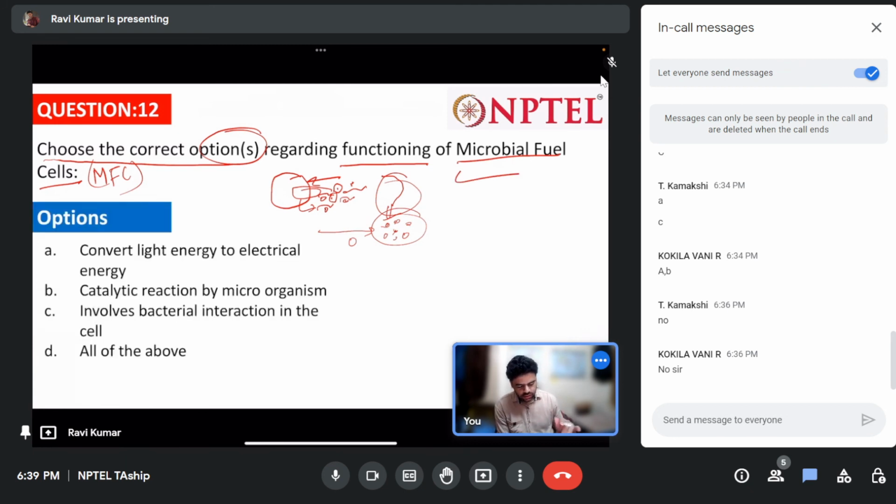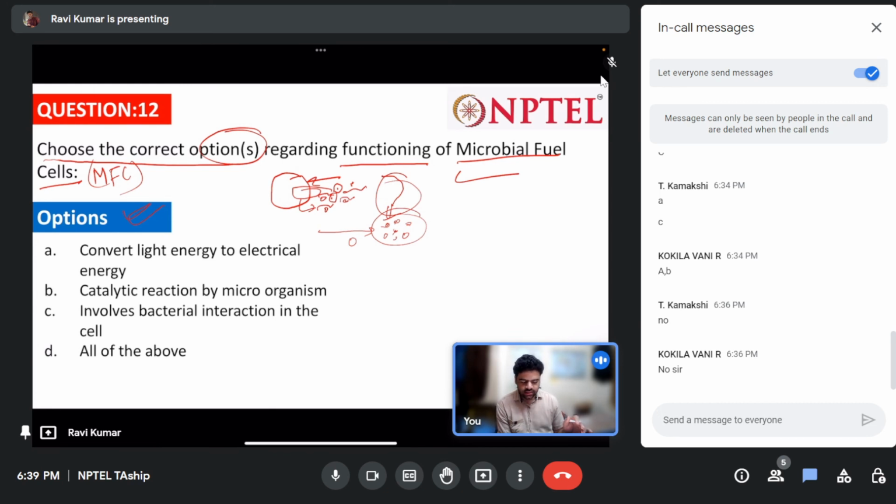Okay, so these are the options for you. Choose the correct option regarding functioning of microbial fuel cell. Do they convert light energy into electrical energy?